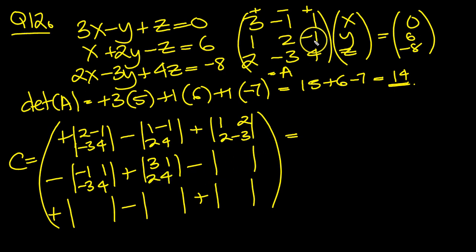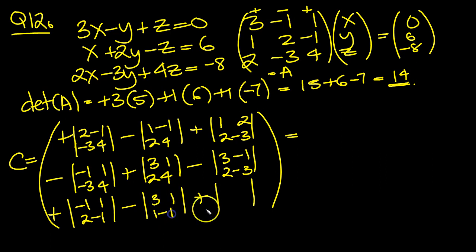And then here, this one here, 3, minus 1, 2, minus 3, yeah? And then this one here, which is minus 1, 1, 2, minus 1. And then this one, 3, 1, 1, minus 1. And the last one will be these four, 3, minus 1, 1, 2. That's everything.